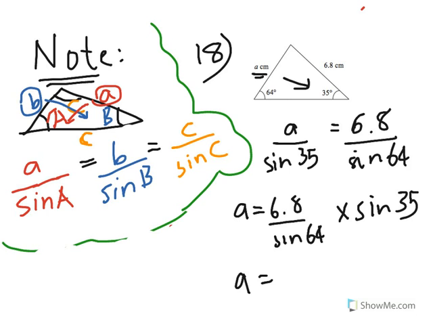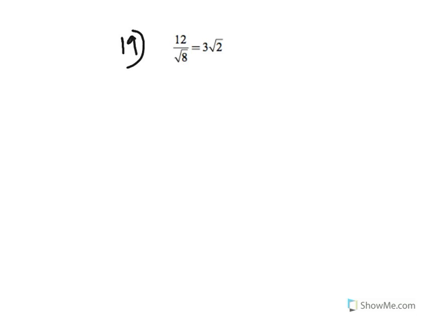A has to be in 3 significant figures, so using your calculator, A is equal to 4.34 centimeters.